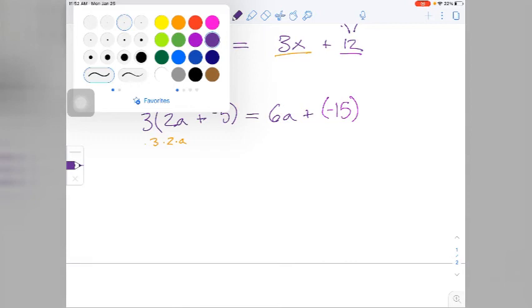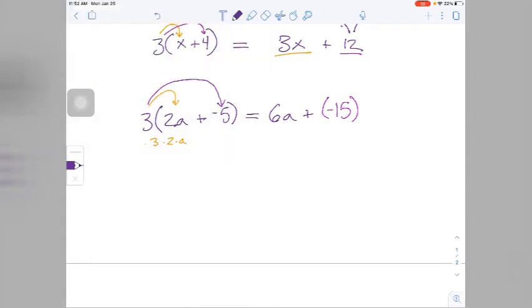Okay, so the last thing I want to talk about is one thing that you may see a lot: sometimes you'll see something like this, and then you'll see minus, and then you'll see the parentheses. So if you see something like, I don't know, 4y minus 6.